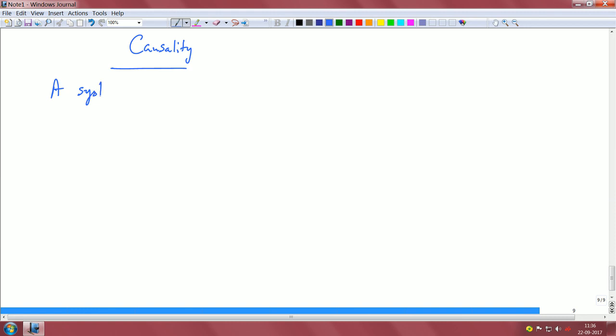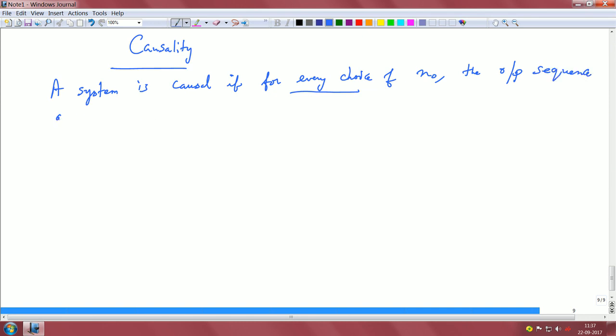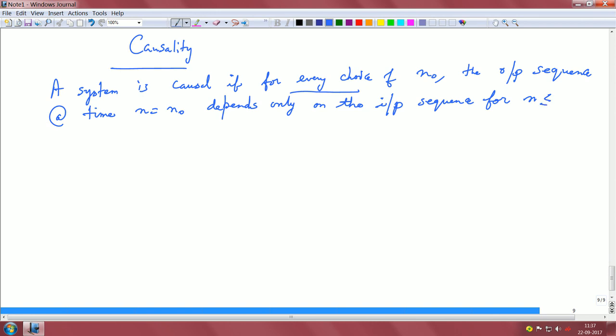A system is causal if for every choice of n naught the output sequence at time n equals n naught depends only on the input sequence for n less than or equal to n naught.